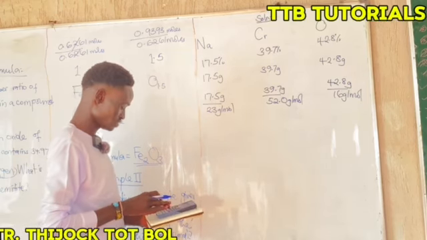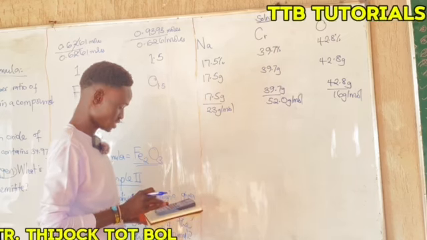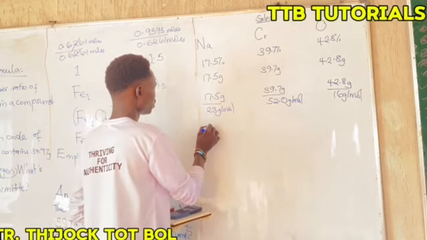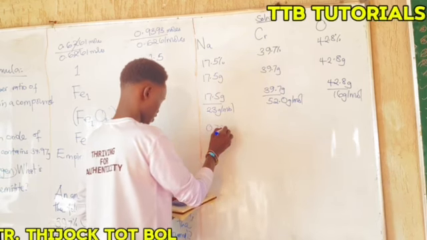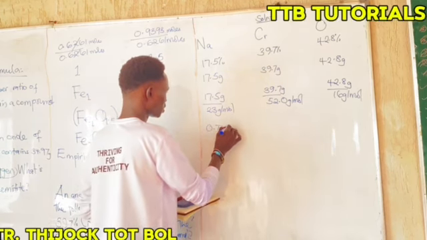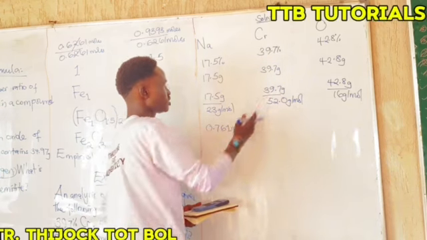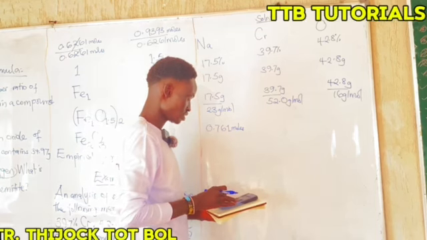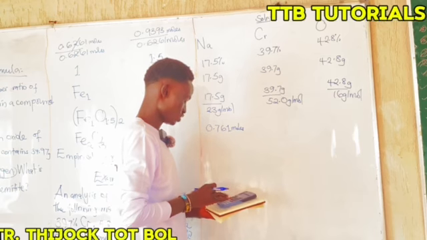It is 17.5 divided by 23, whereby we are getting 0.761 moles. Then let us also get for this 39.7 divided by 52.0.